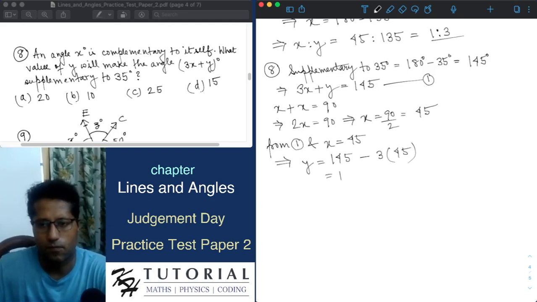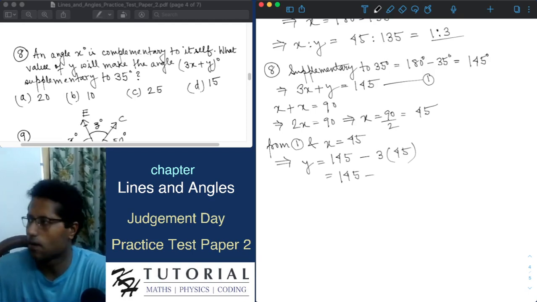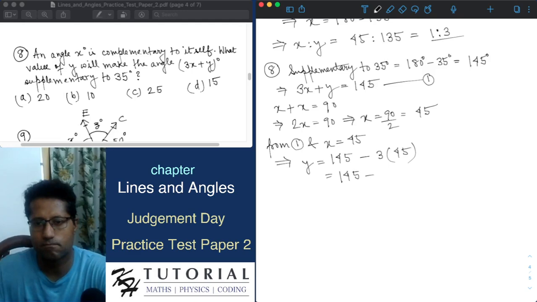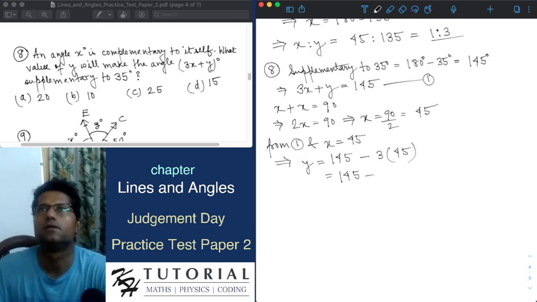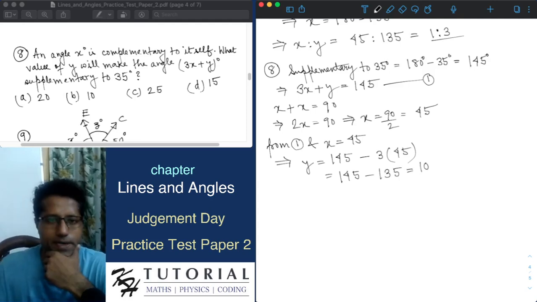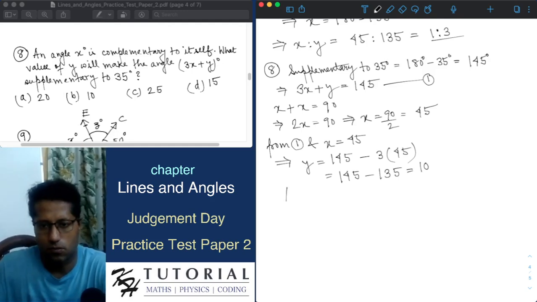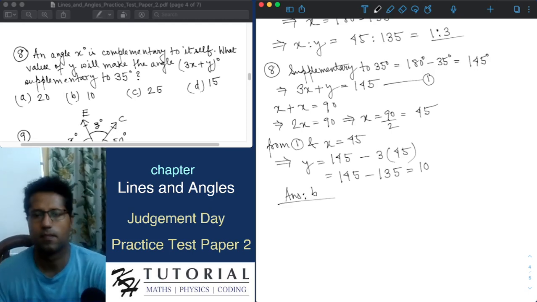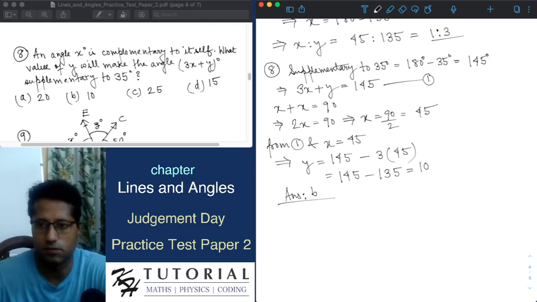Now this is 145 minus 135, which is equal to 10. So y should be 10. Okay, so the answer is choice B.